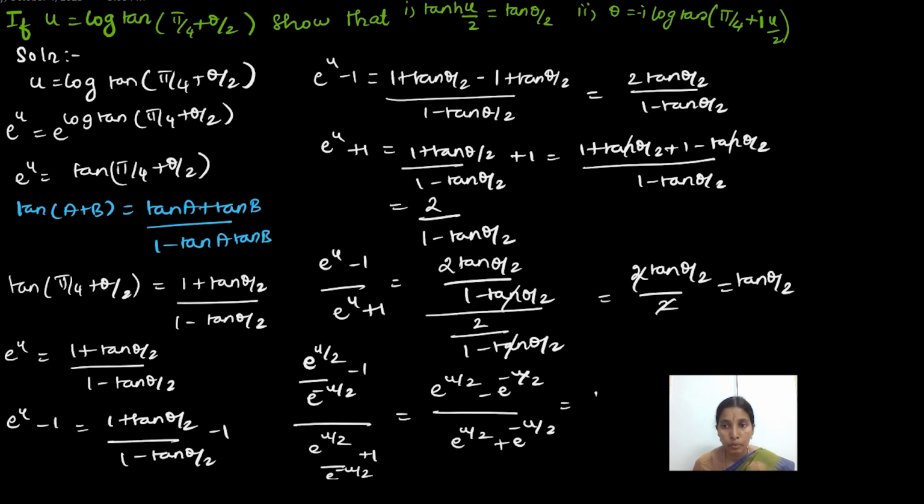This is equal to tan theta by 2. The left hand side is the formula for tanh u by 2. So tanh u by 2 equals tan theta by 2. So we proved the first subdivision: tanh u by 2 equals tan theta by 2.